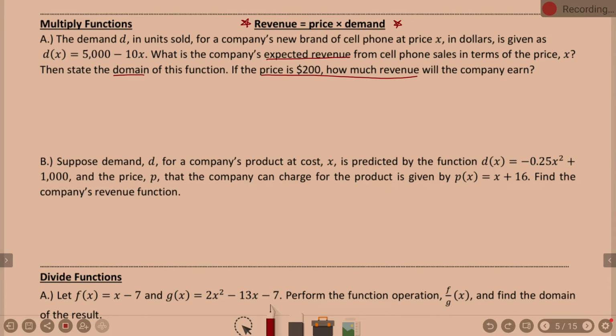Okay. How do we find revenue? Okay, price times demand. Were we given a price and demand? Hopefully. Otherwise, we're going to really struggle to do this problem, aren't we? What do you see?